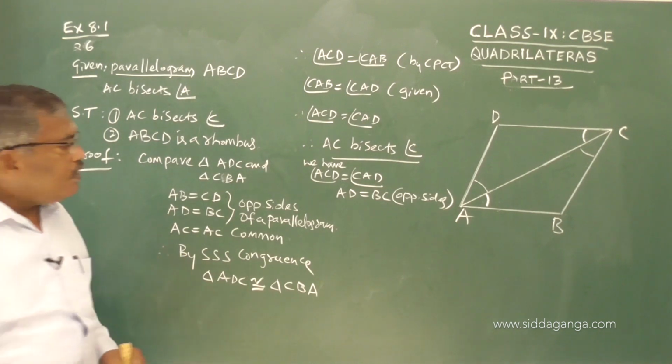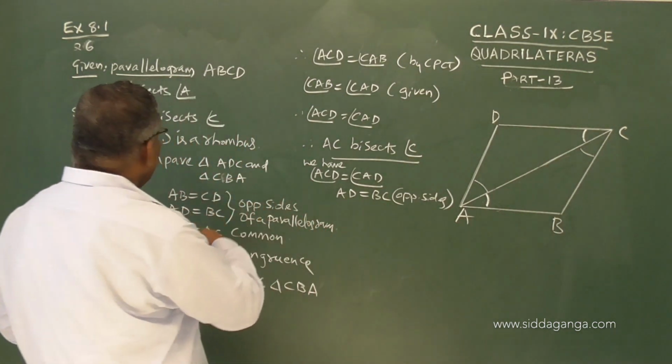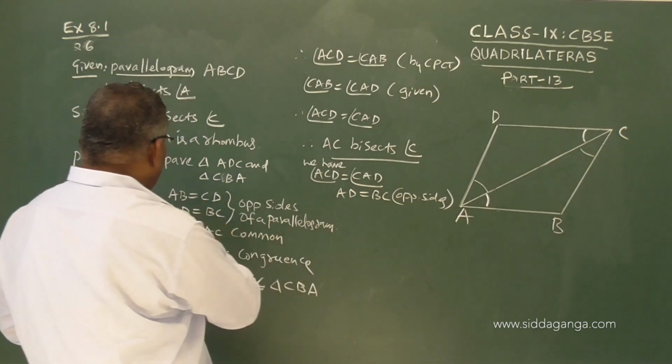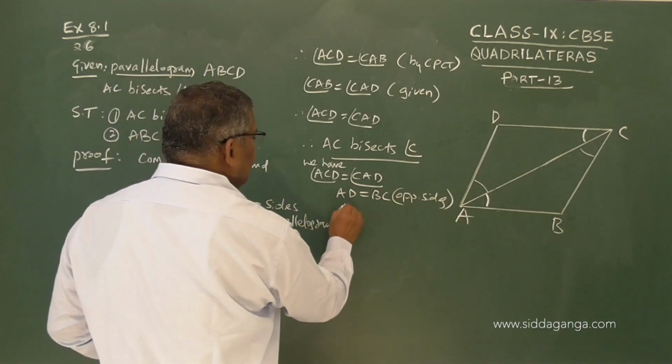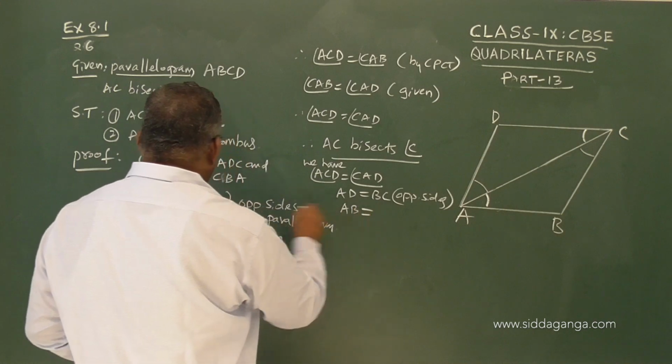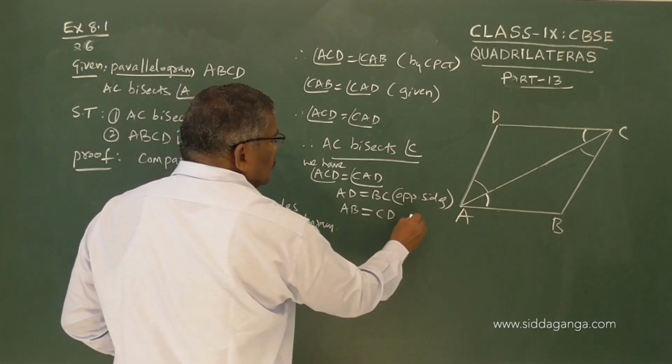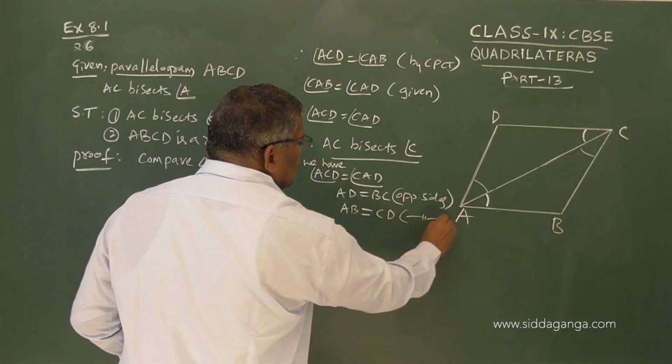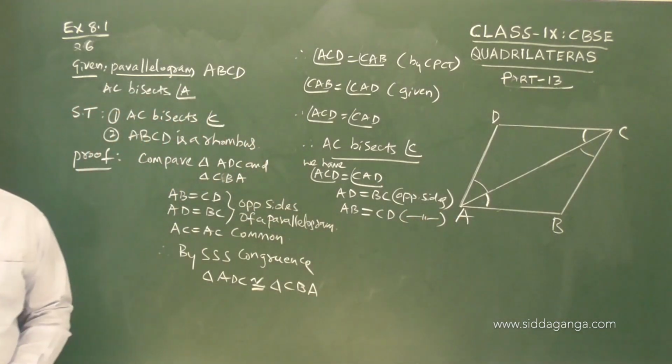So therefore also we have AD is equal to AB is equal to CD. This is also opposite sides of a parallelogram.